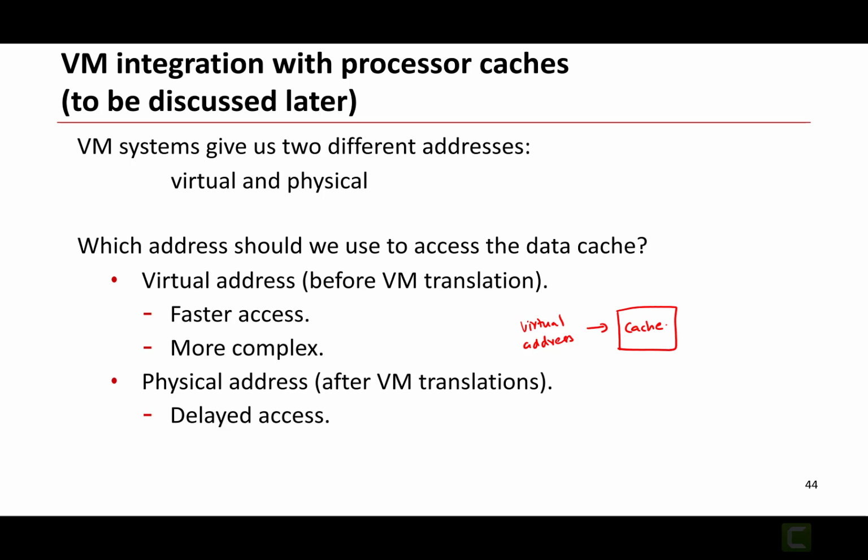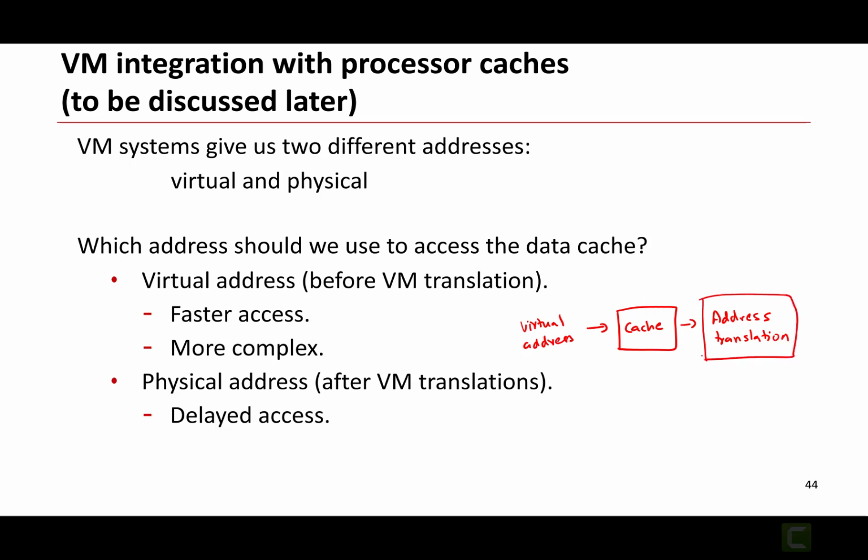Now, if it is a miss, we said we'll go to the main memory and find it when we discussed caches. But now we know that we cannot just access main memory with the virtual address. We need to get the physical address, which means you need to do an address translation. In the next class, we'll talk more deeply about how to do this address translation faster.